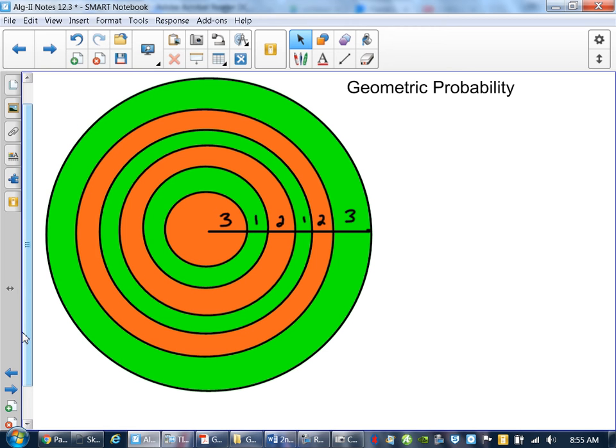So if I want to find the geometric probability of landing in a red ring, I'd have to find the areas of all those rings. That means I have to remember how to find the area of a circle. So like a dartboard. You can't hit everywhere. There's the wind, and how hard you throw the dart, whether it will actually stay in the dartboard.